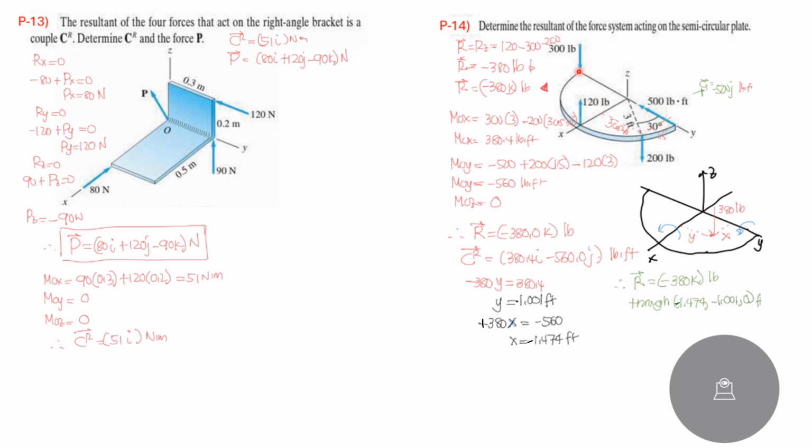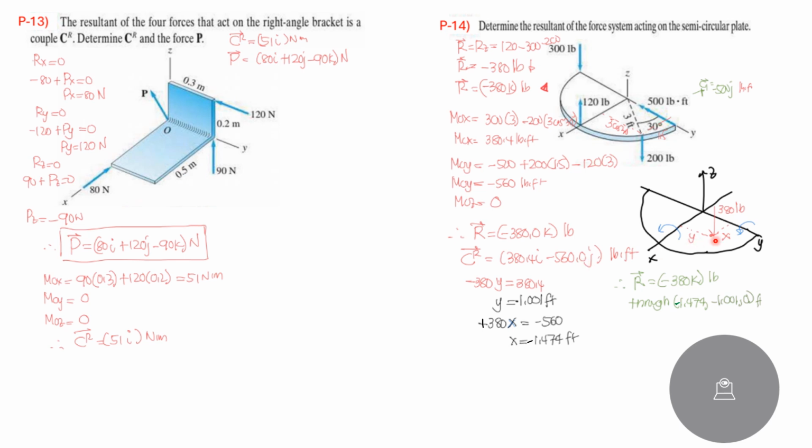Of course, this 300 acts along the y-axis, so 0 moment. So it is equal to negative 560 pound foot. And MOZ, because the forces are parallel and this couple has no z component, it's 0. R therefore is negative 380 pounds and this is the resultant couple, the components.